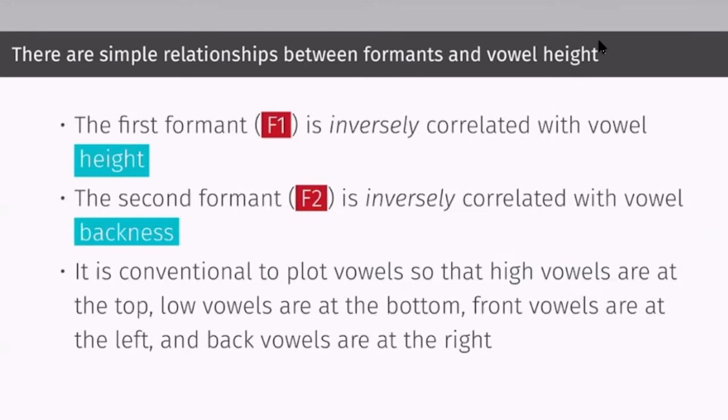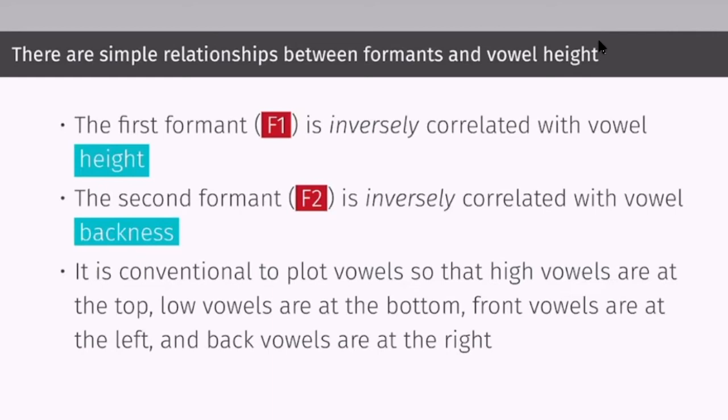What happens is if you send all of this complex wave with all of these harmonics through the system, then you see that some bands of harmonics get favored and others get suppressed. And the favored harmonics are formants.